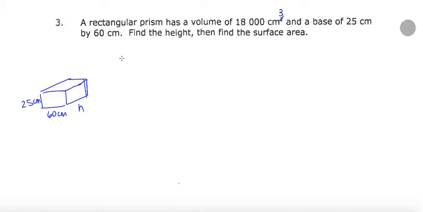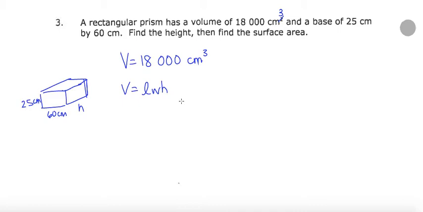And I know that the volume is 18,000 centimeters cubed. And I want to find the height. So in order to do that, I want to think about what the formula is for a rectangular prism. The formula for a rectangular prism is length times width times height.